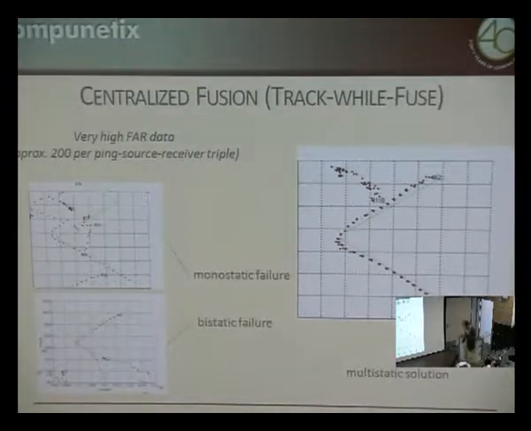Now, just like yesterday, I showed you one example where if we don't do multi-hypothesis tracking, we lose the target when the situation is very challenging, and we only successfully track it when we increase our hypothesis tree depth sufficiently. There are also plenty of examples where monostatic sonar tracking is unable to track the target, bistatic sonar tracking is unable to track the target, and we can only successfully track the target when we feed the system monostatic data as well as bistatic data.